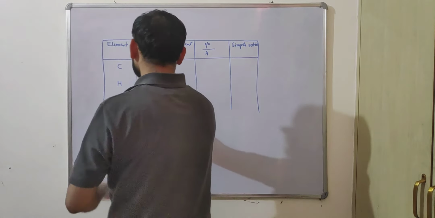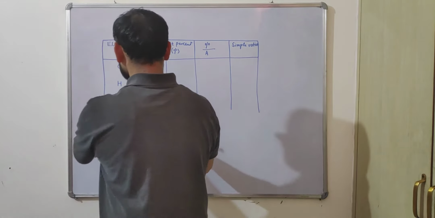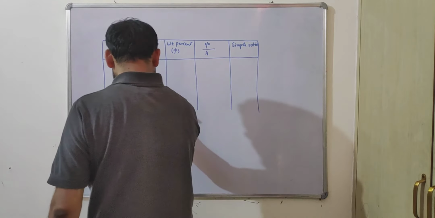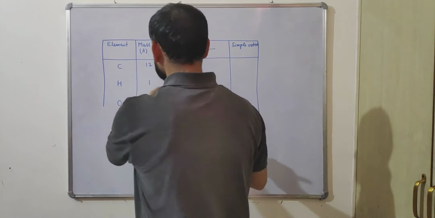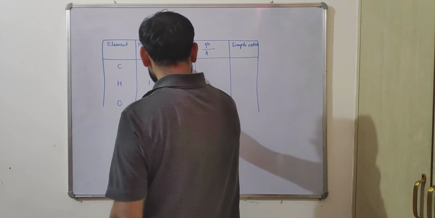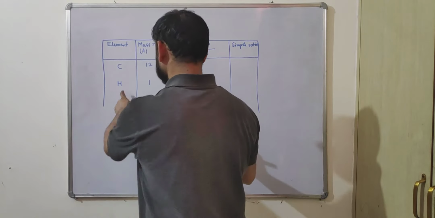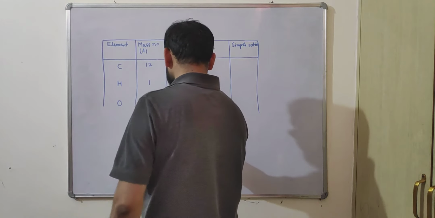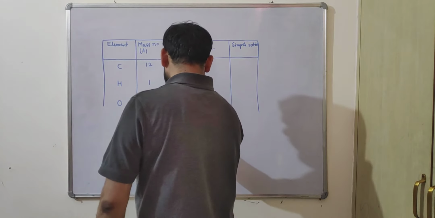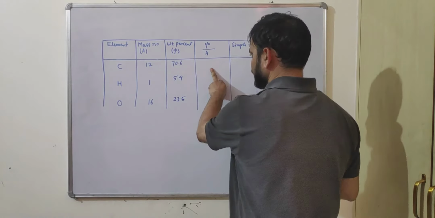The mass number of carbon is 12, that of hydrogen is 1 and oxygen is 16. Their percentages are 70.6, 5.9 and 23.5.